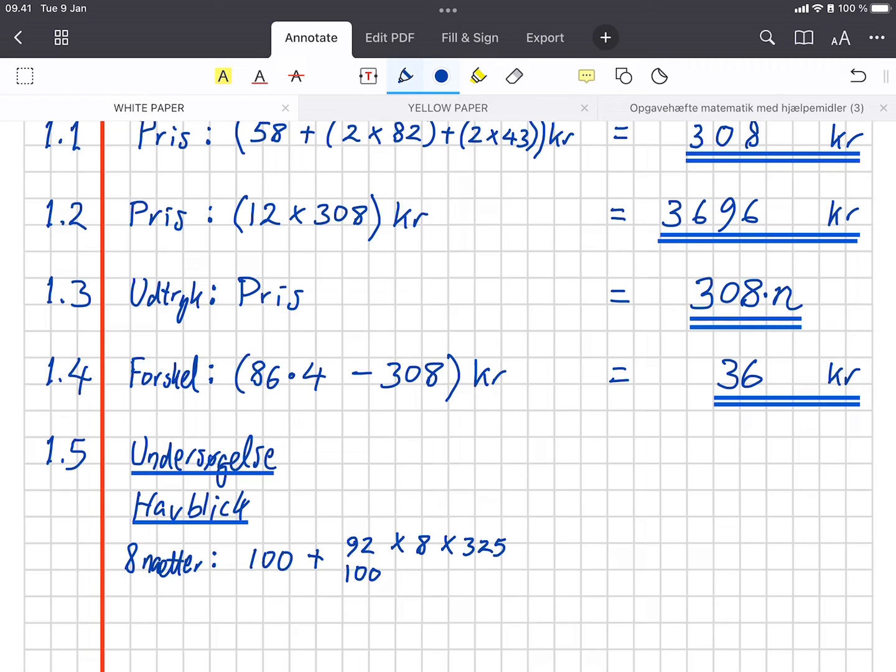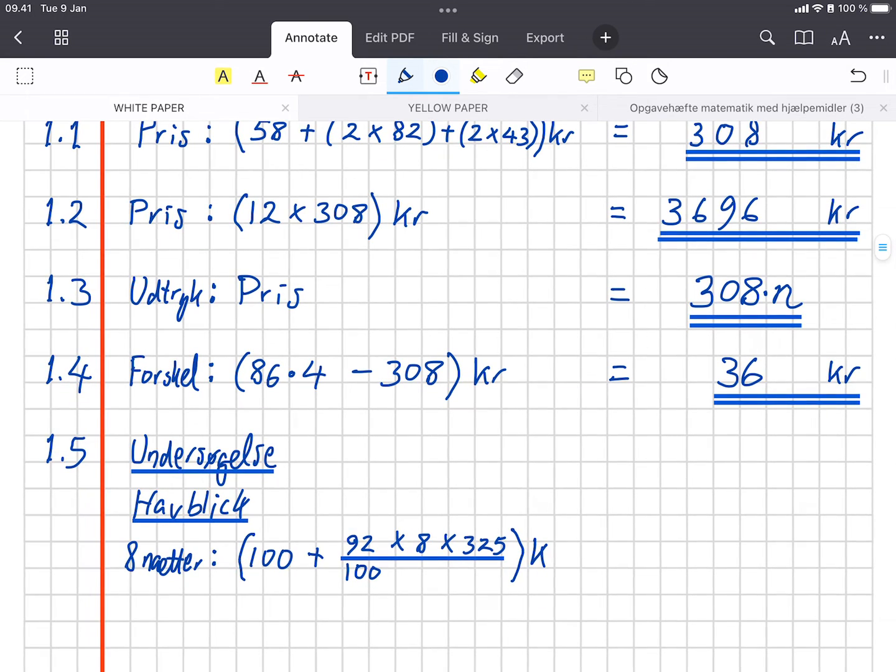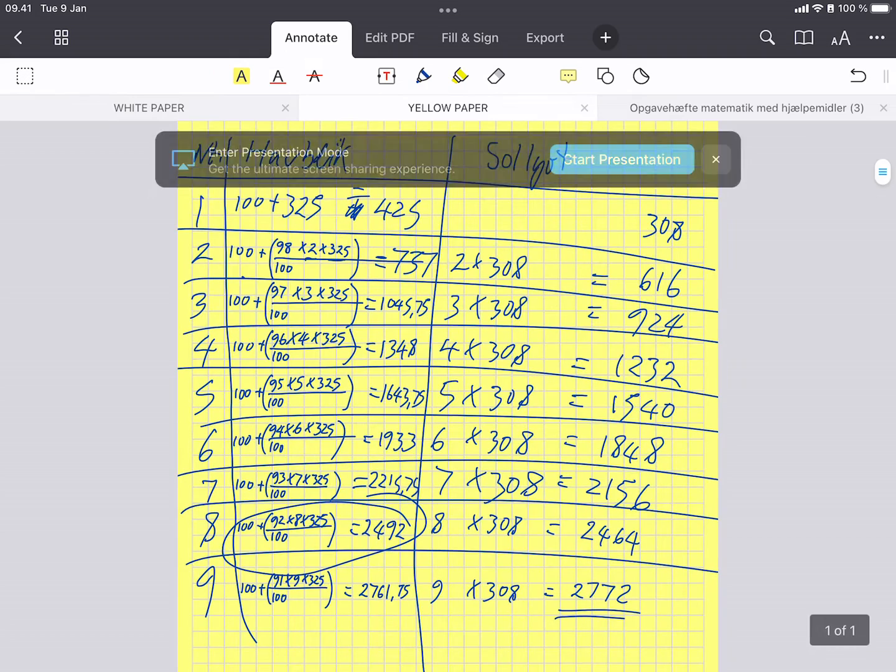I'm going to make a nice fraction out of that with a nice neat line, and a nice neat bracket around the whole thing. Krona equals, and that came to 2492.